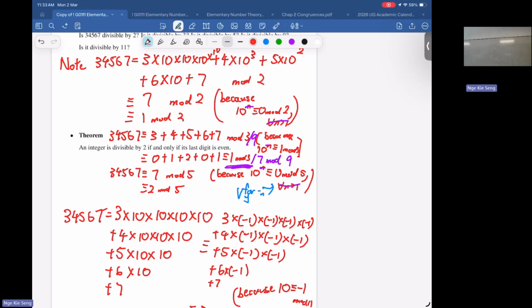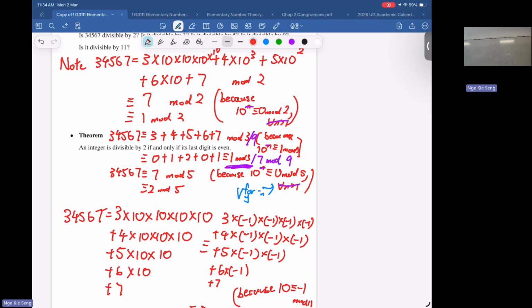To see if a number is even, you do not care about the first few digits, only the last digit, whether it is 2, 4, 6, 8. To check for mod 3 or mod 9, you only care about the sum of every digit, which becomes very small. And mod 5 is similar to mod 2.